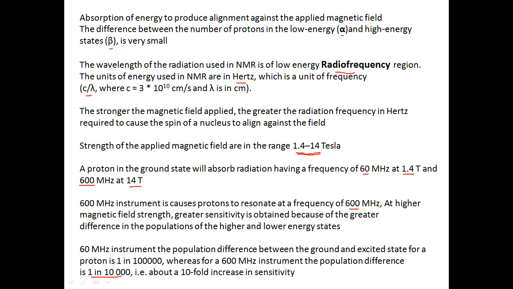The sensitivity for a 600 megahertz instrument will be higher, where the proton population difference between alpha and beta state will be 1 in 10,000, but in the case of 60 megahertz it is 1 in 1 lakh. So there is a 10-fold increase in sensitivity with a higher magnetic field NMR instrument, which uses a higher radio frequency of around 600 megahertz.